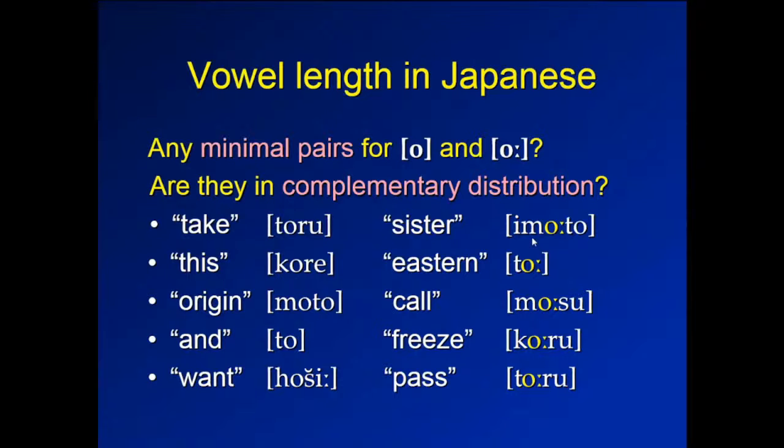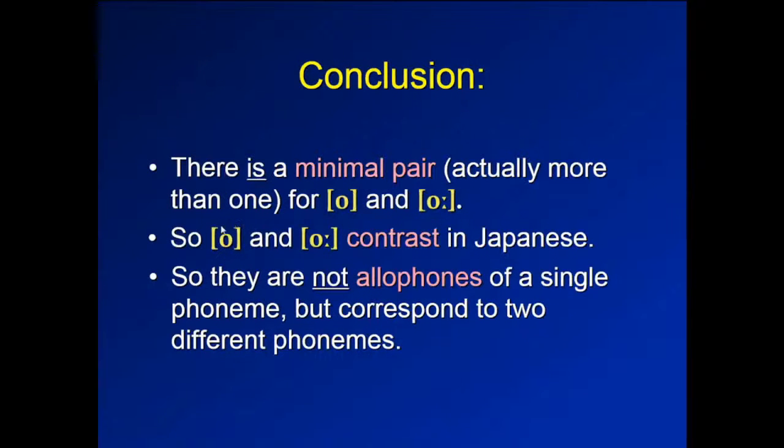We can say that in fact the two sounds are found in what we call minimal pairs. So in fact the short and long O contrast in Japanese. So they are not allophones of a single phoneme, but correspond to two different phonemes.